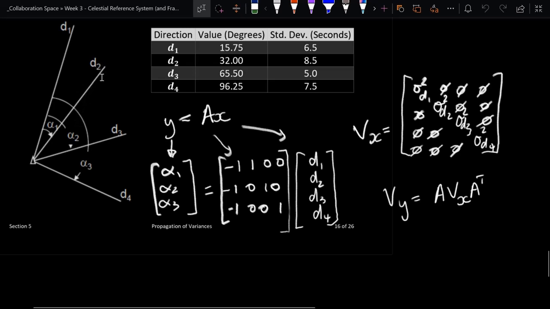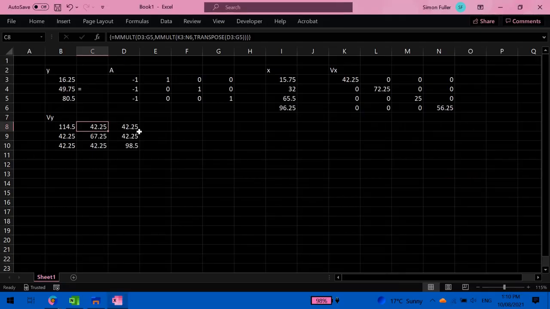So if something happened to this direction and its precision, that would impact both alpha 1 and alpha 2. So alpha 1 and alpha 2 are correlated because they share D2. So it's not unusual for these correlations to be here. We're expecting them. You'll also notice that the matrix is, as predicted, symmetric.